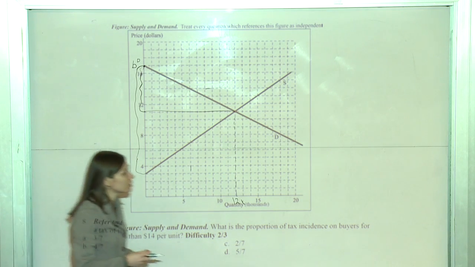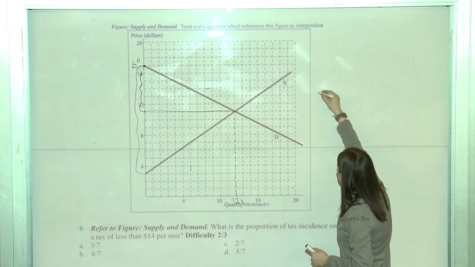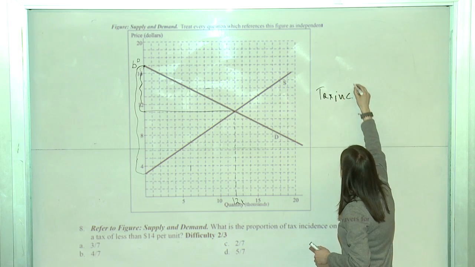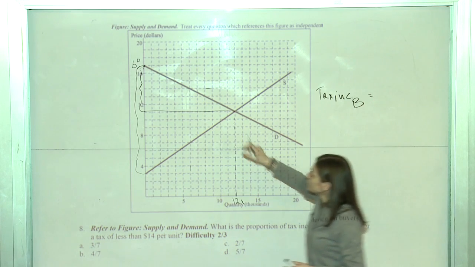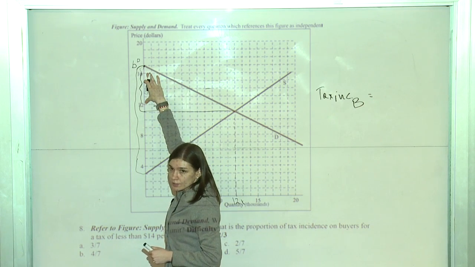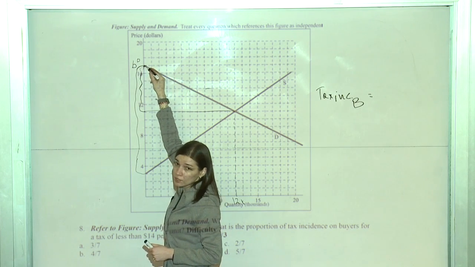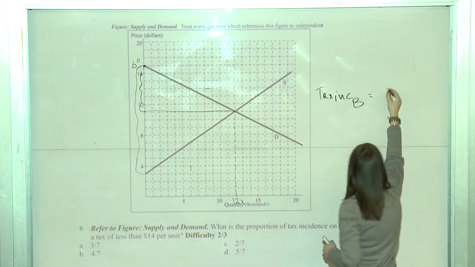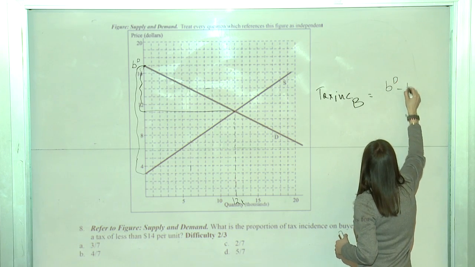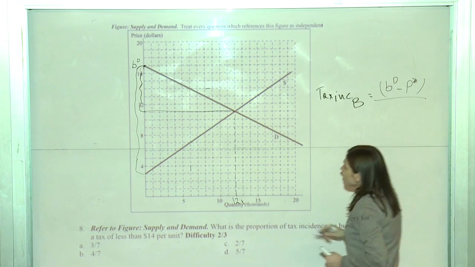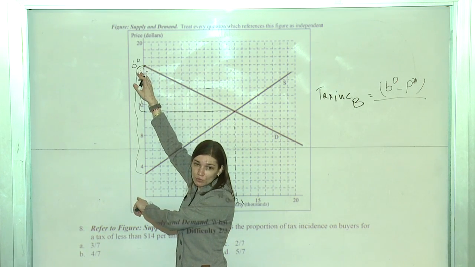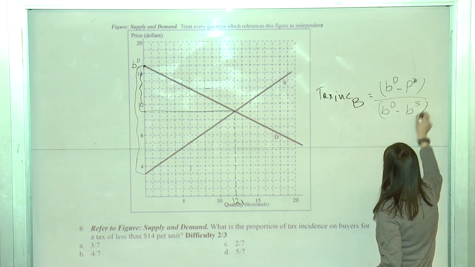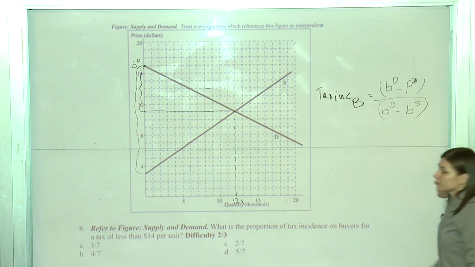To put it as a formula you can apply later, the tax incidence on buyers is always going to be the demand intercept minus the price in equilibrium, divided by the whole distance, which is the intercept of the demand minus the intercept of the supply. That is always going to be the case.